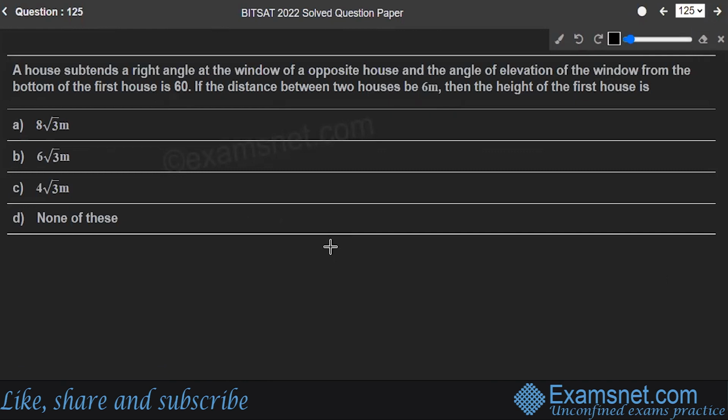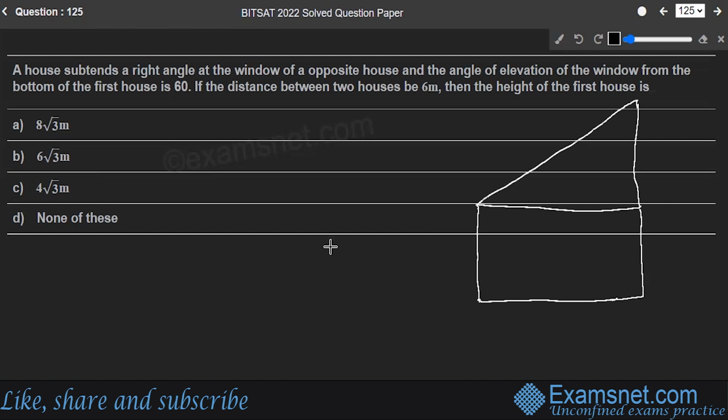The house subtends a right angle at the window of the opposite house. So let me make it first. Something like, let's say this is point A, B, C, this is P, this is Q, let's say this is H, 6 meters, and one more line, this one.